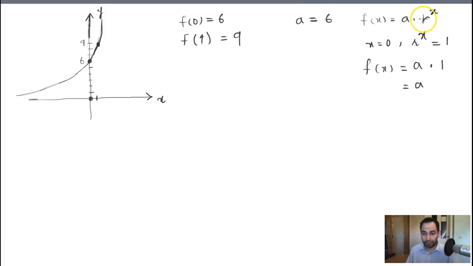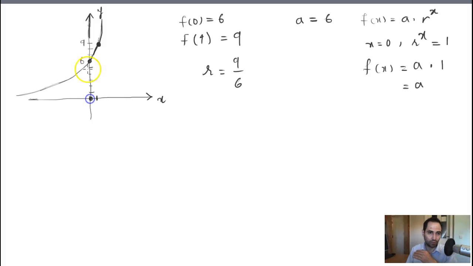And to find your r, you need to know what your f of 0 is and what your f of 1 is. So the common ratio of this function is 9 divided by 6. You move 1 unit towards the positive x, and at this x you know what your output is.